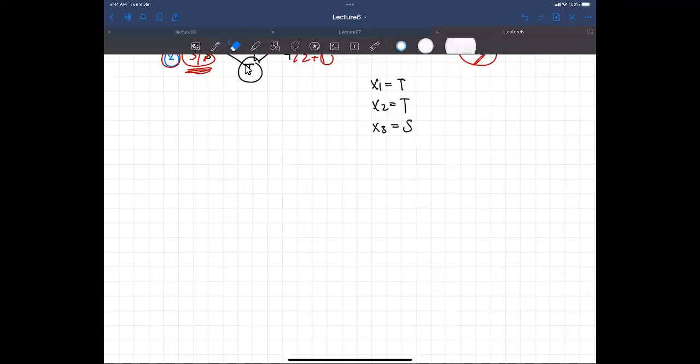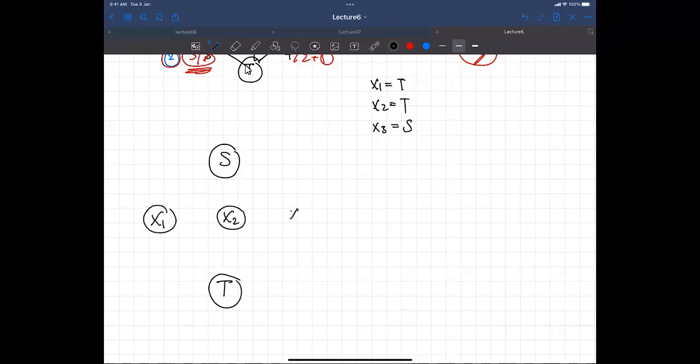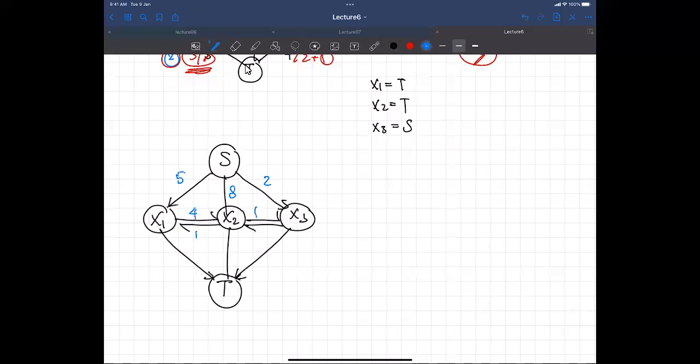So S, P, x1, x2, x3. Okay, so the number here is 5. Not 5. Yeah, 5, 8, 2, 4, 1, 1, 3, 3, 2, 4.